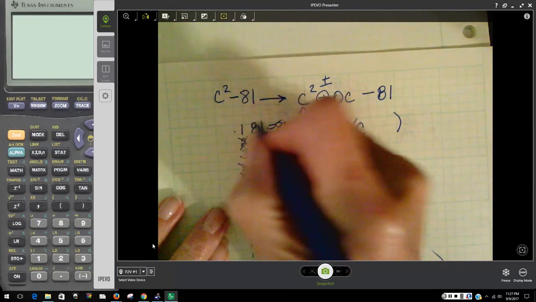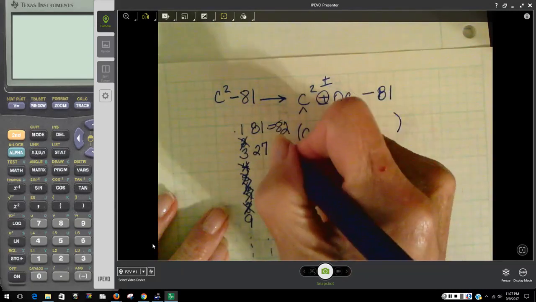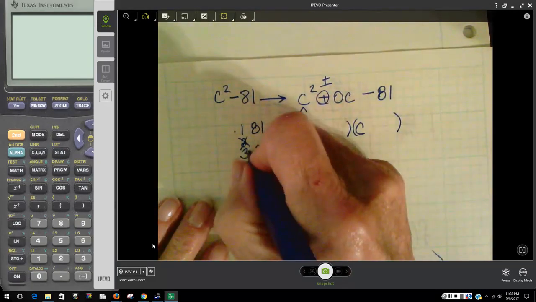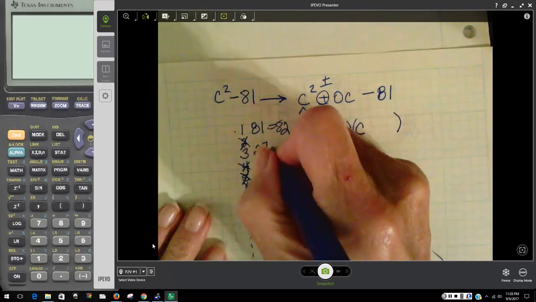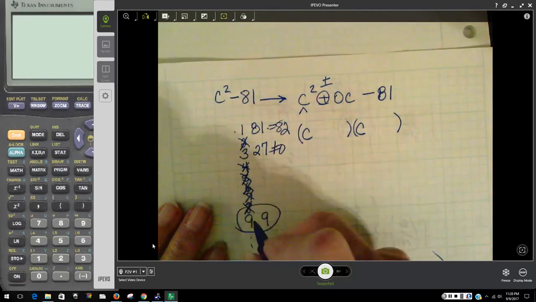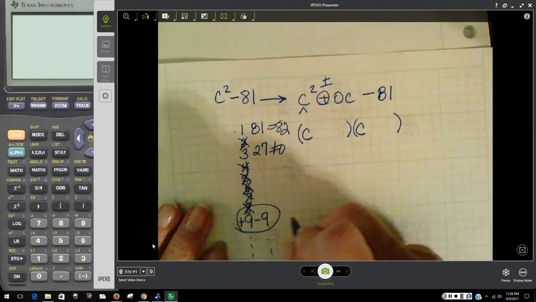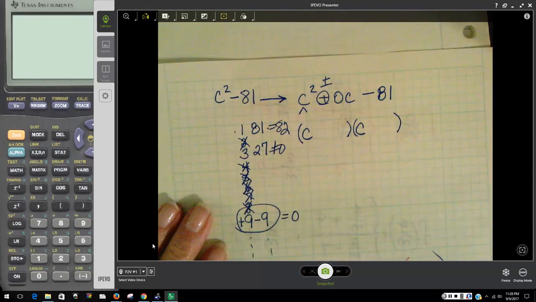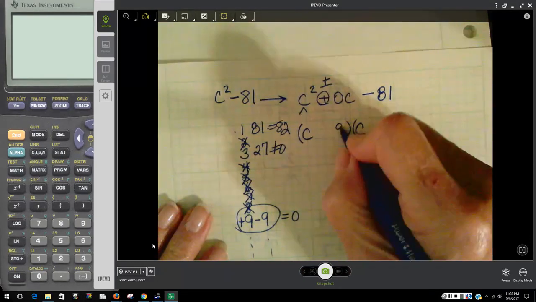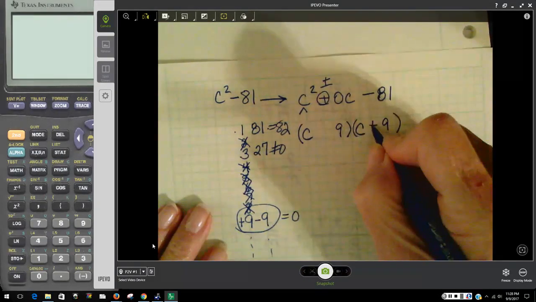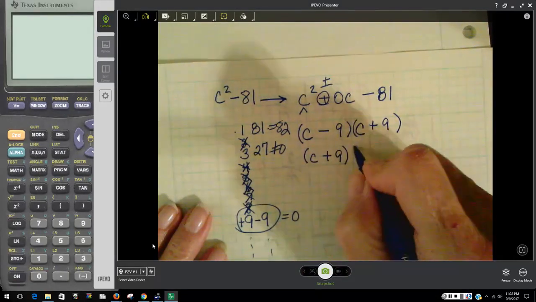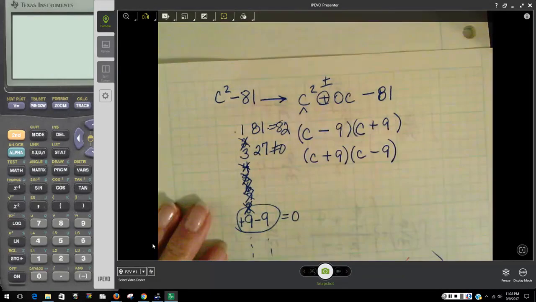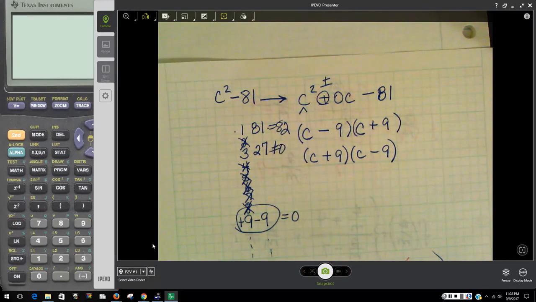Negative 1 minus 81 is negative 82, which is again not 0. 3 minus 27, negative 3 minus 27, no, not 0. The only one that we can get a 0 from is if we have 9 and 9 and they have opposite signs. Okay? So the correct factors are 9 and 9. One has to be positive, one has to be negative. You can use either one of these combinations. And both of those are the factored form of c squared minus 81.